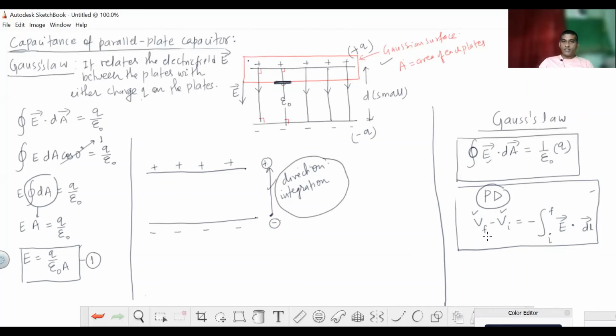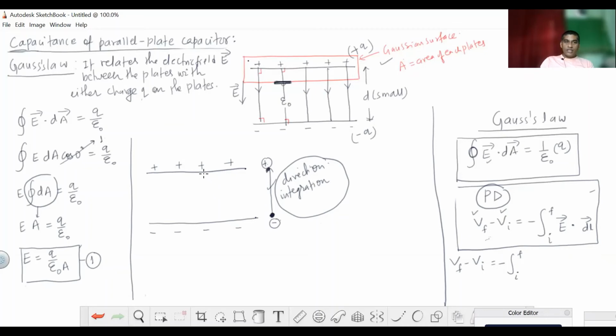Then this expression can be rewritten as Vf minus Vi equals minus the integration from initial to final. Now we want to integrate from this position to this position, so this is the initial position and this becomes the final position.